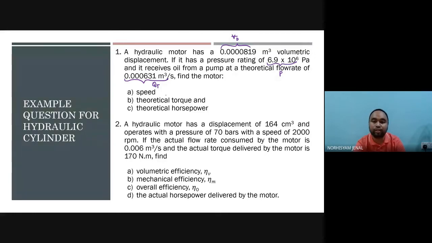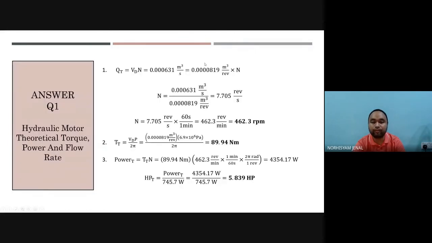So to find the speed, first we need to know what is the speed from QT. Before this, we do not know VD. We have to calculate VD. Now VD is provided, QT is also provided. So we need this in terms of meter cube per second. N should be in terms of revolution per minute or revolution per second.